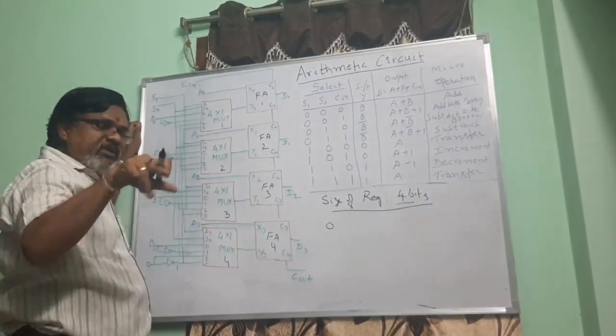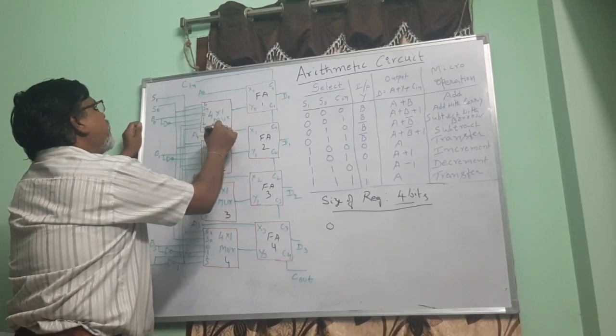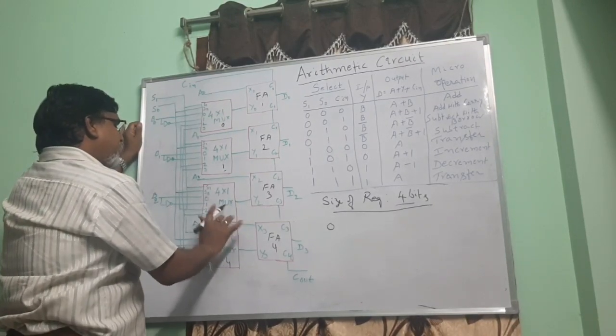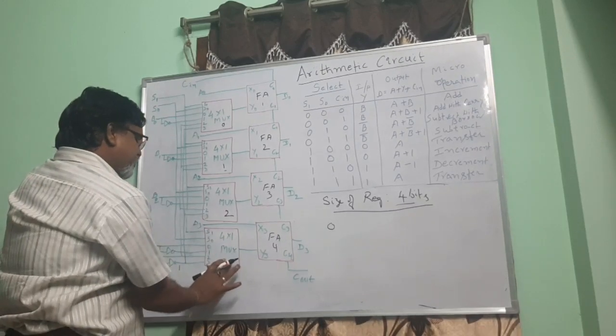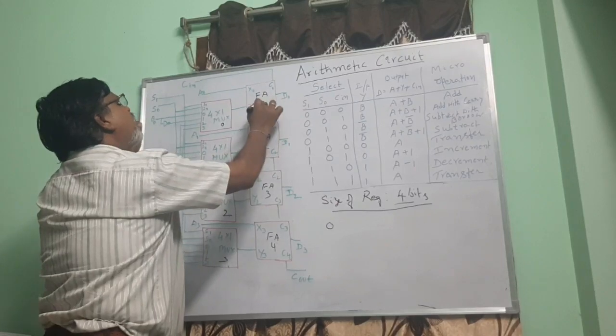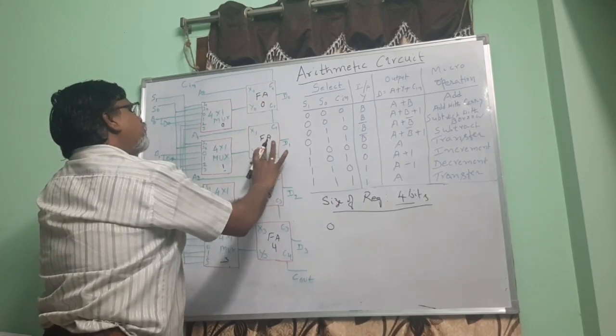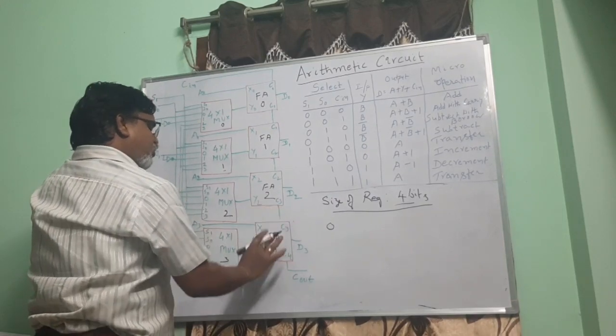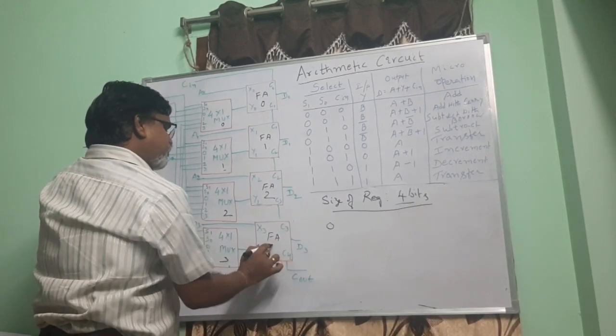But when you give the numbering, it should be multiplexer 0, multiplexer 1, multiplexer 2, multiplexer 3, and in the same way full adder 0, full adder 1, full adder 2, full adder 3.